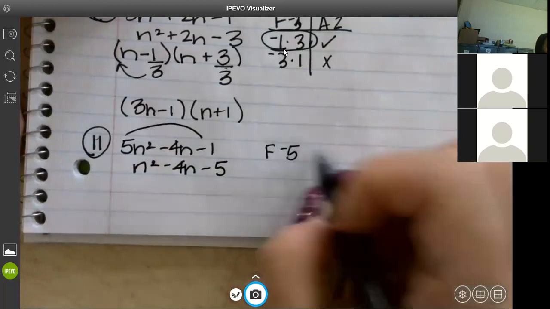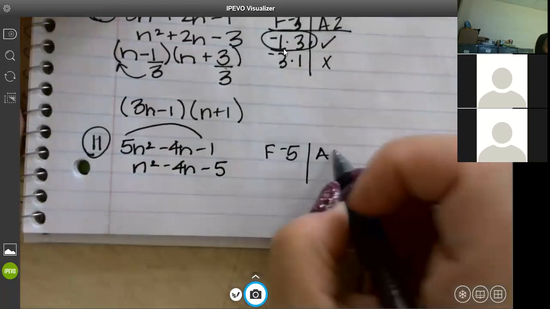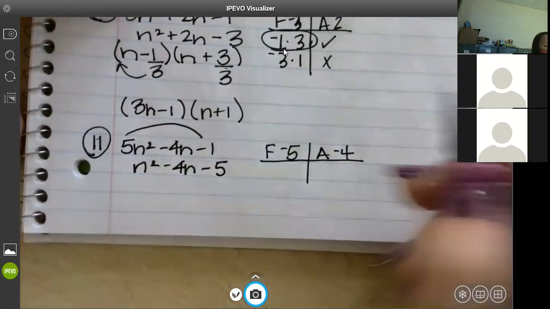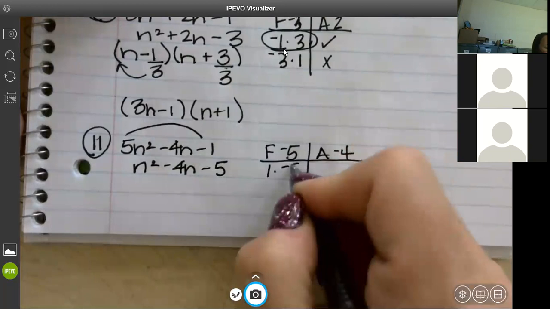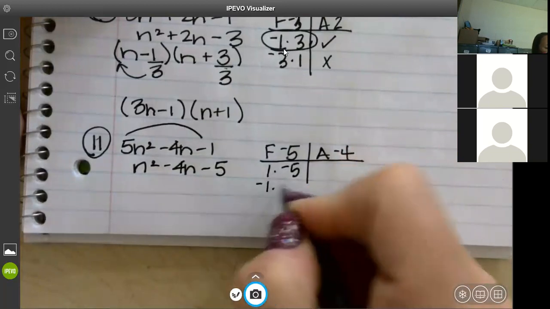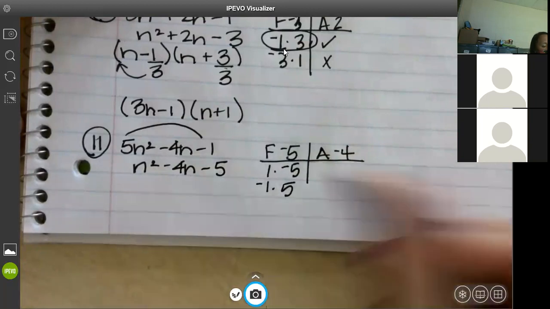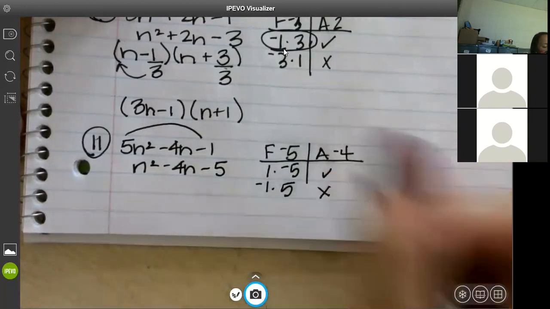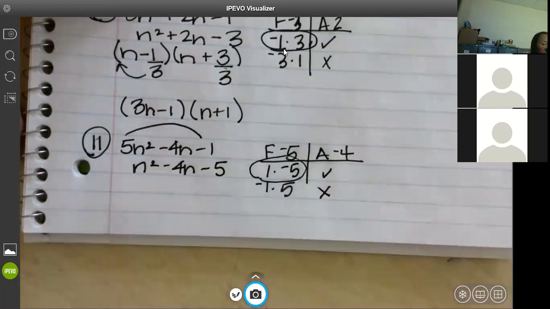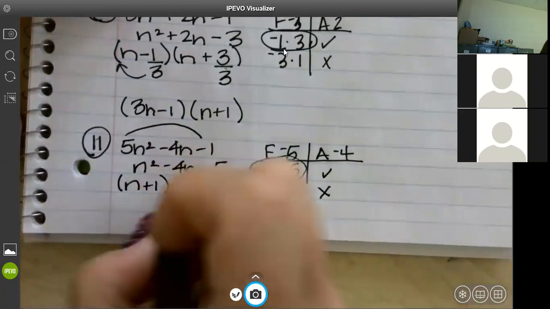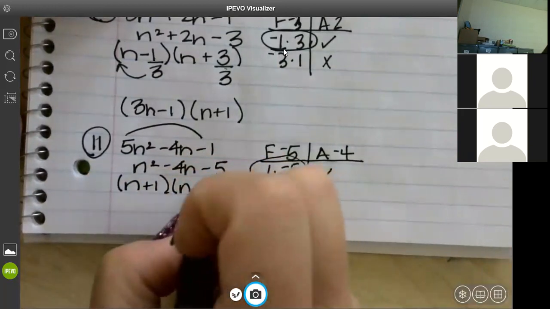I need factors of the last, negative 5, that add to negative 4. Your factors of negative 5 are either 1 and negative 5 or negative 1 and positive 5. Since I need a negative 4, the bigger number has to be negative. My variable is n and a positive 1, n and a negative 5.